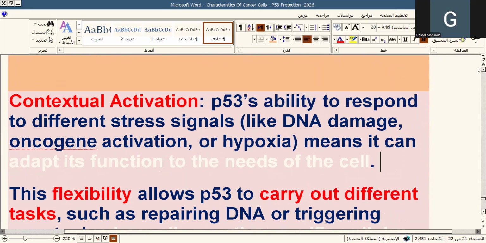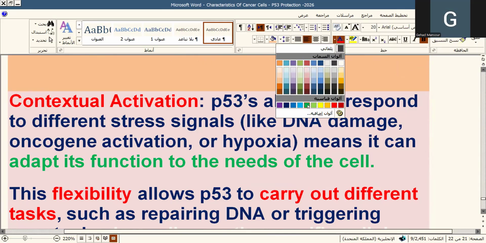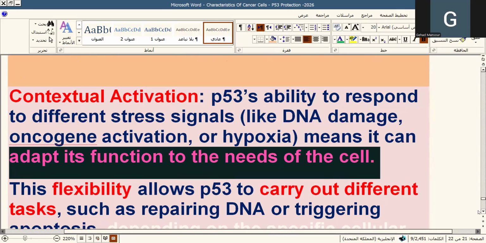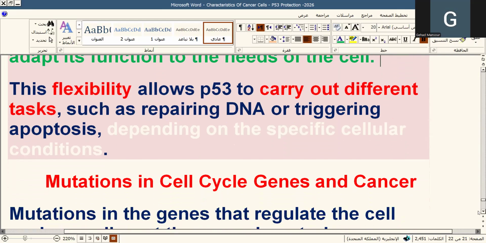It's true that P53 can carry out different functions, but it selects the suitable function for every context. And this is what we call contextual activation. In all these conditions, it adapts the function it does according to the needs of the cell. So contextual activation again means that P53 activates certain functions according to the needs of the cell, and therefore P53 shows great flexibility inside the cell.